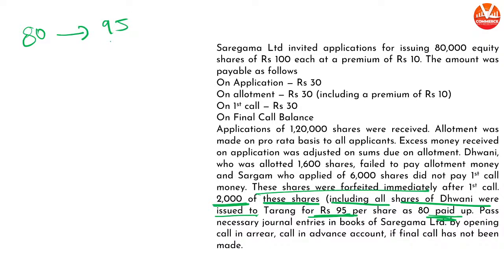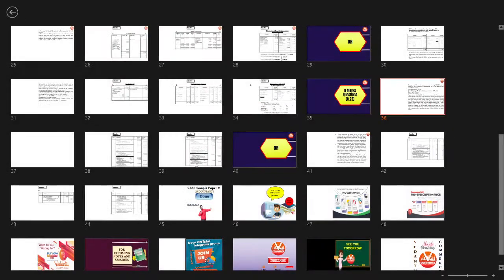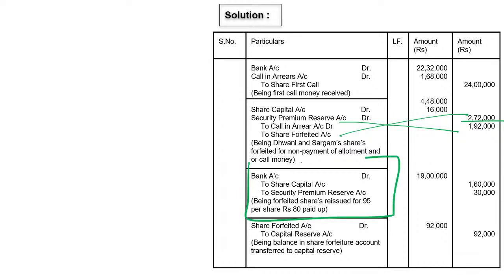So it is issued at premium. So journal entry will be bank account debit to share capital to securities premium reserve. 2,000 multiplied by 95, 2,000 multiplied by 80 and 2,000 multiplied by 15 rupees premium. So this is the journal entry for reissue.